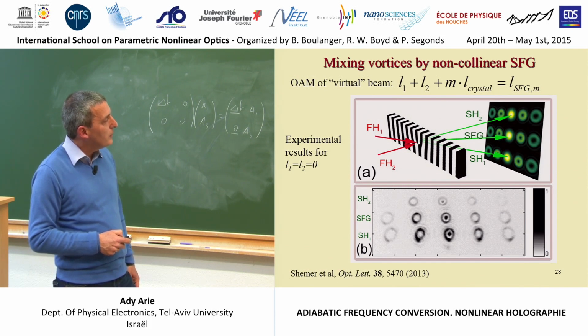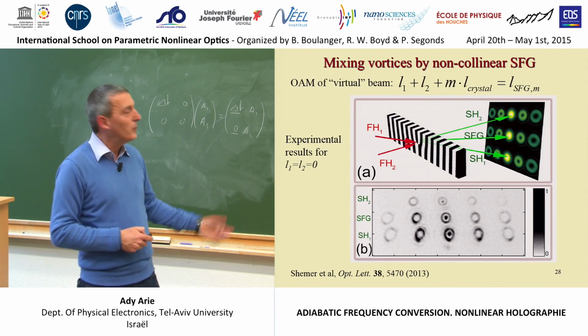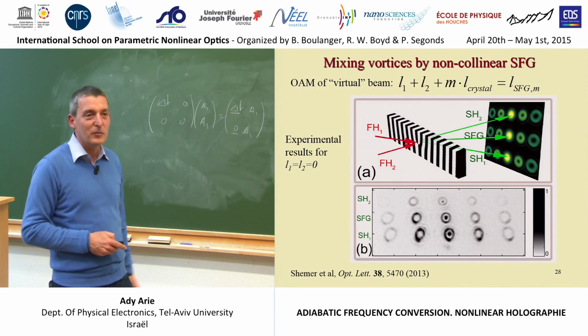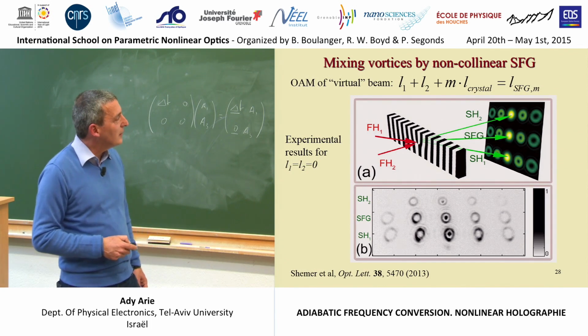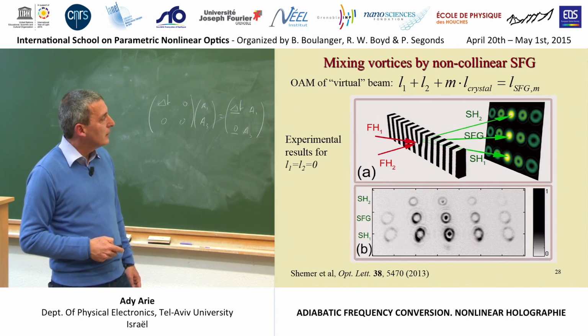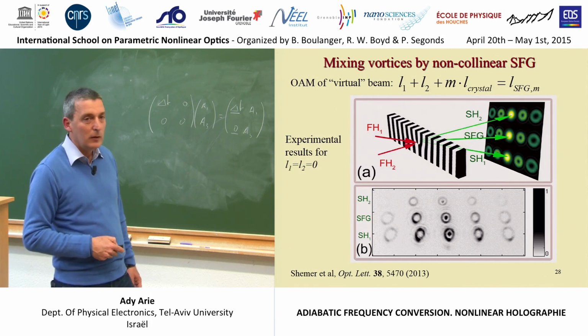So this beam generates this diffraction pattern. This beam generates this diffraction pattern. But there's another one here in the middle. It's called virtual beam because there's nothing here. But in fact, this is just a sum frequency generation process. So you can also generate, and then of course you can have different angular momentum in each one of them, and then you will get the sum here in the middle.